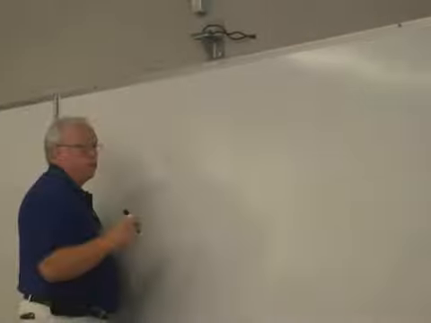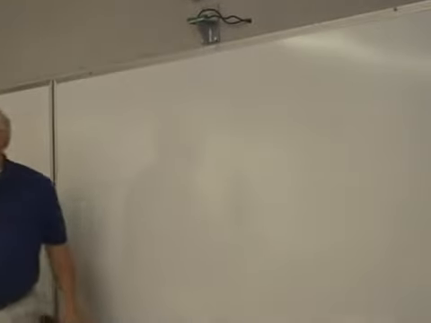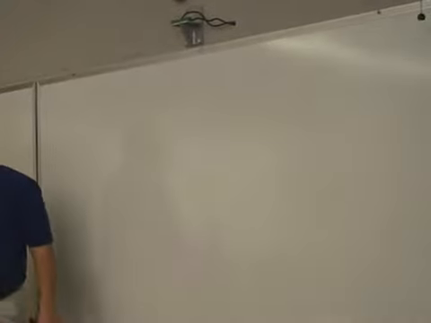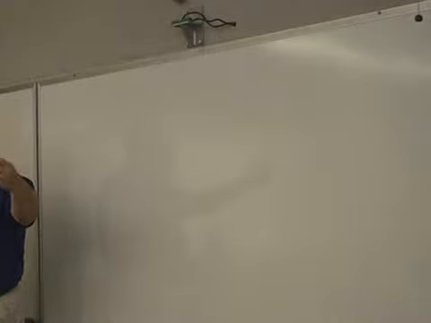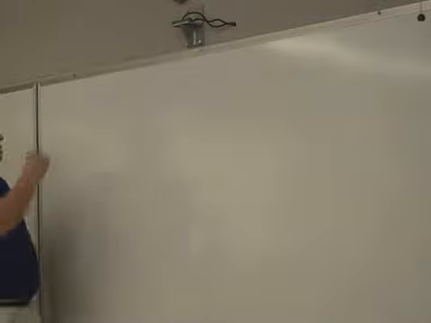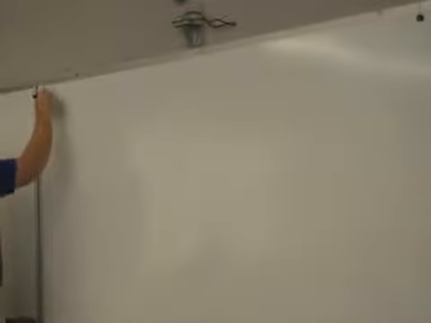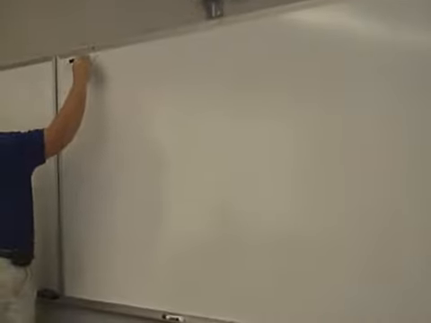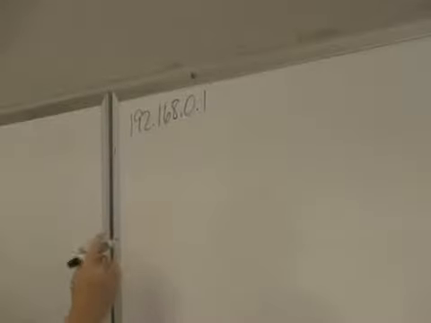So what does an internet address look like? 4 octets, right? I'll just write an example one up here, and you've seen this address 100 times already. And what does a subnet mask look like?